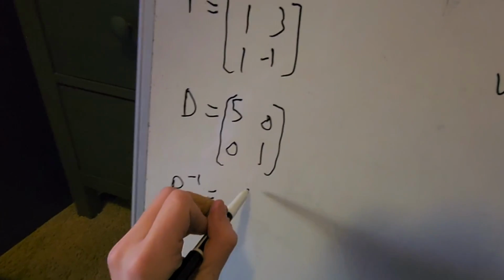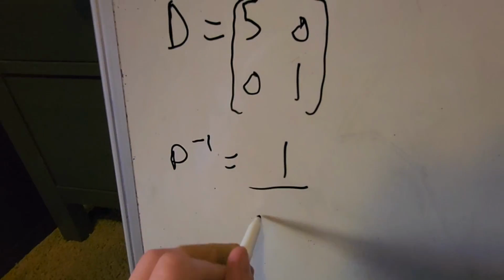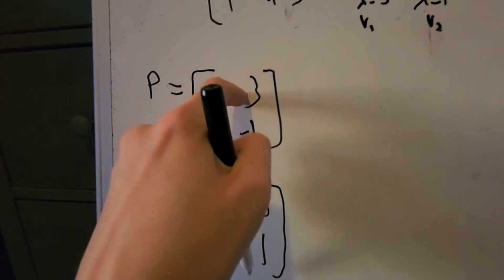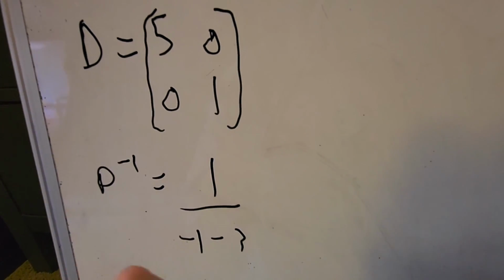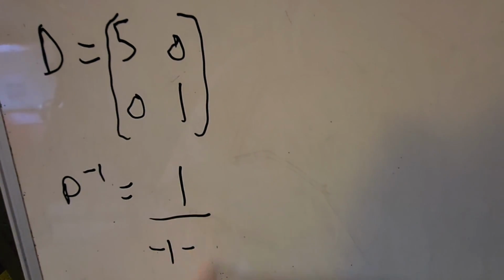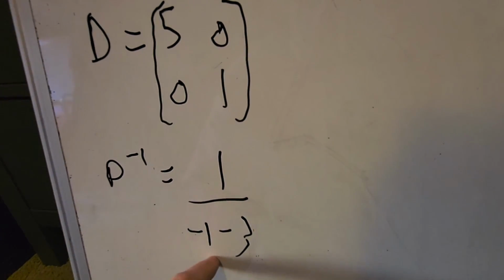Negative 1 times 1 is going to be negative 1, minus this times this, which is going to be 3. All of this is going to be just 1/4.